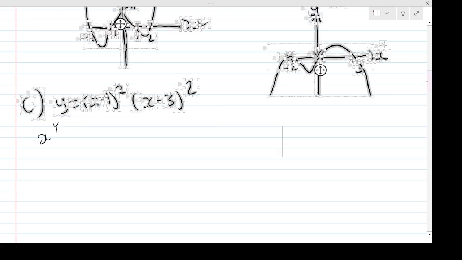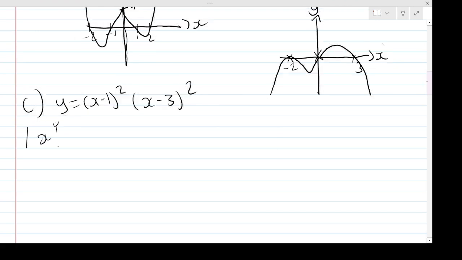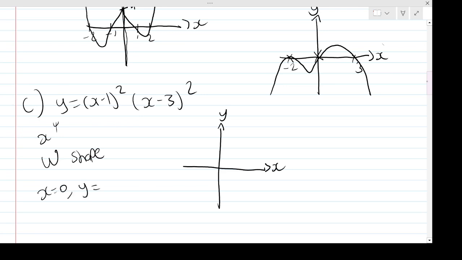And that's what we get. That's the power of x to the 4. Coefficient of positive 1, positive, so it's going to have a W sort of shape. It's going to go up as x gets bigger. So it has a W shape. So let's draw our axes. Then we need to locate the y-intercept first. The y-intercept again occurs when x is 0.